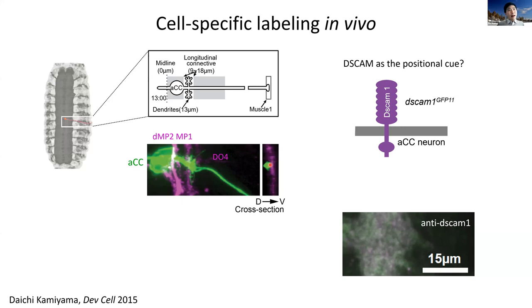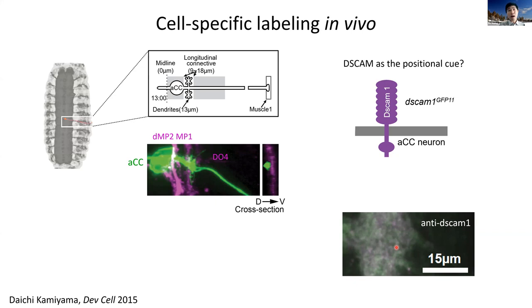Now, that's the challenge. DSCAM is on all neurons, and this is a space that is filled with all kinds of neurons. So if you do an immunostaining of DSCAM, it's messy. But if you express the transgene, like with a neuron-specific promoter, you cannot recapture that splicing pattern. You really want a way to tag endogenous proteins with cell specificity.